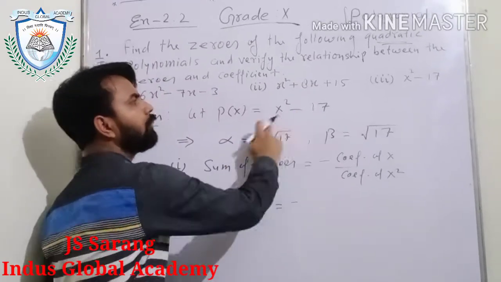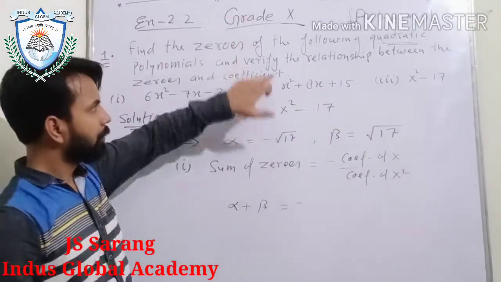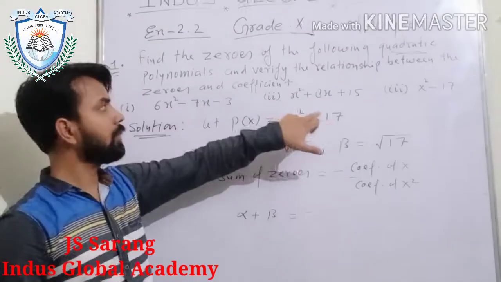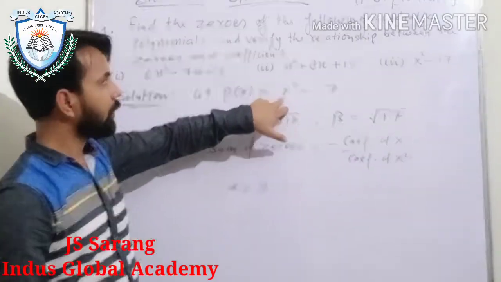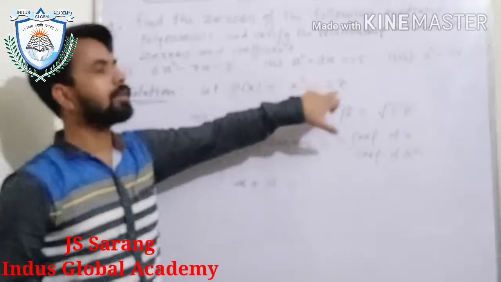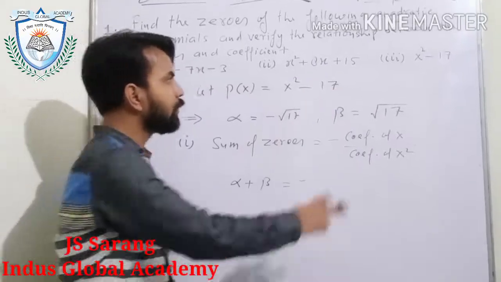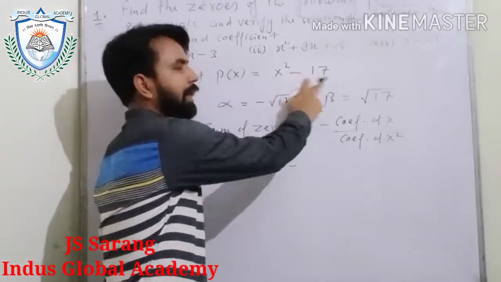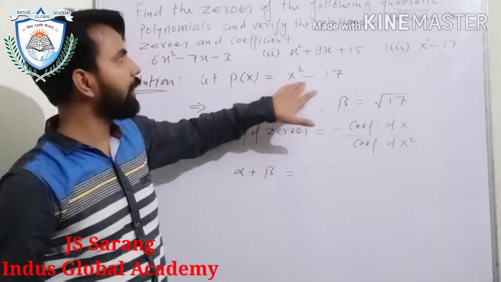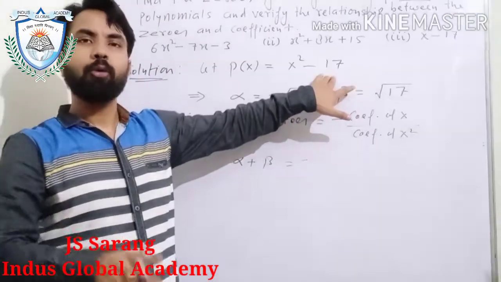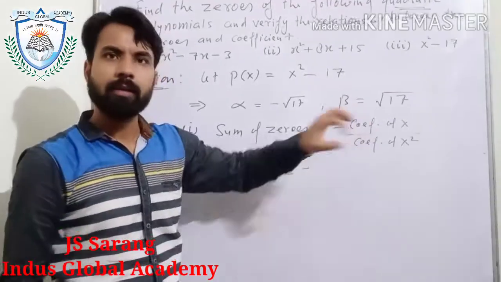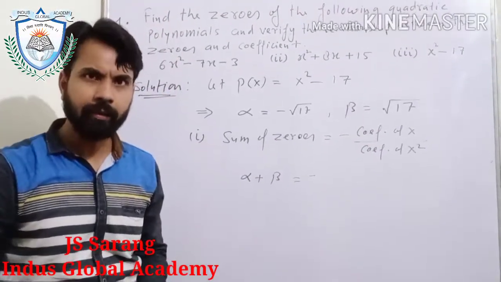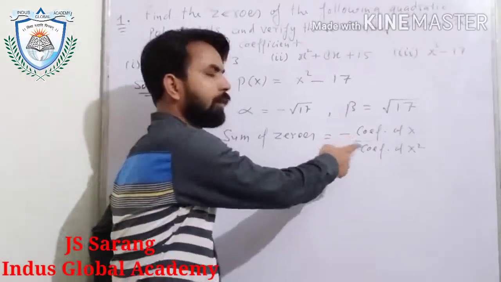upon coefficient of x square. What is the coefficient of x here? Here x square is present and 17 is a constant term. So there is no term of x. If there is no term of x in this polynomial, the coefficient of x will be 0.